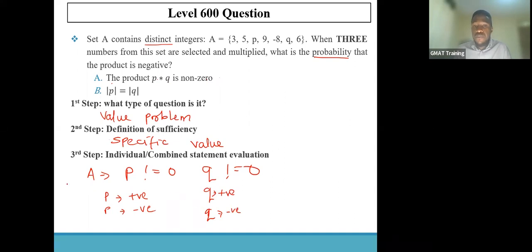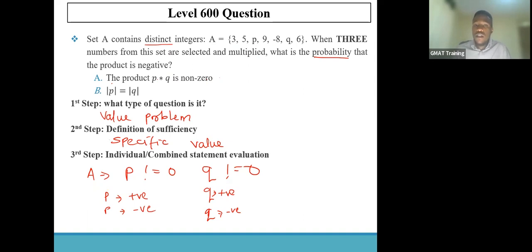So if we were to evaluate the probability of the product of three integers out of this set being negative, say we consider in the first case that P is positive and Q is positive, then of course we would have one of the values being negative, and we would get a value for the probability.